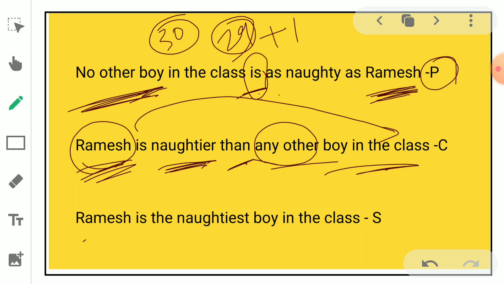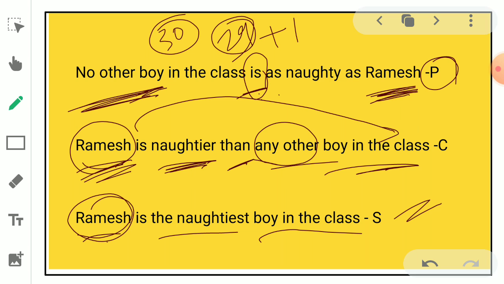Next, Ramesh is the naughtiest boy in the class. So who is the naughtiest? Ramesh. Except Ramesh, we don't have any boy who has naughtiness in them. Got it? So this is how the comparison is used, from very few to no other.